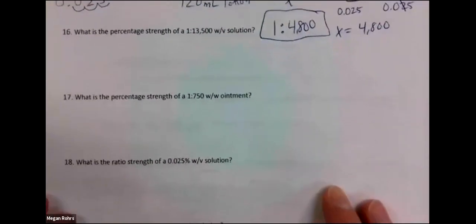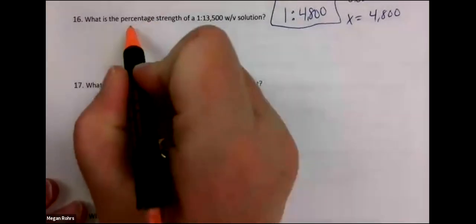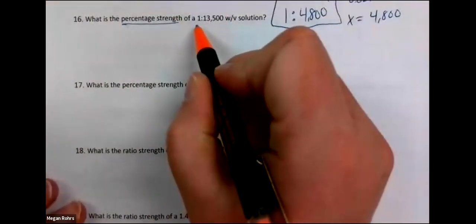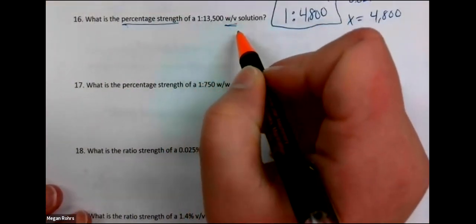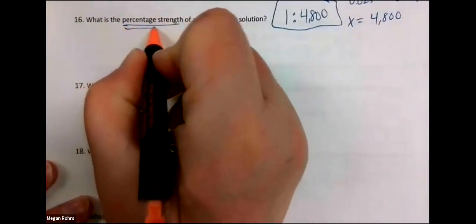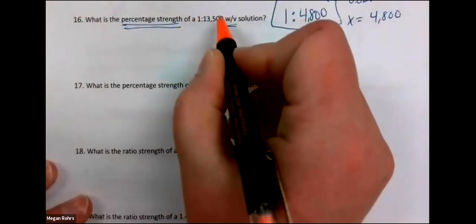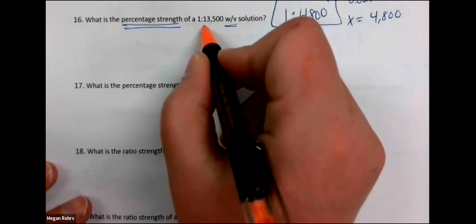Okay, now looking at number 16. What is the percentage strength of a 1 to 13,500 weight to volume solution? So we're looking to go from a ratio into a percentage strength. So first, let's start with what we know.